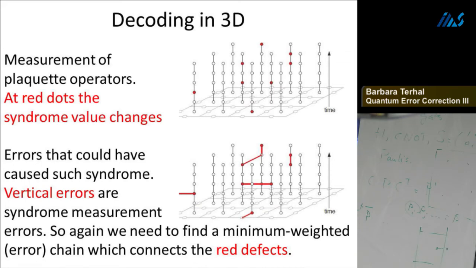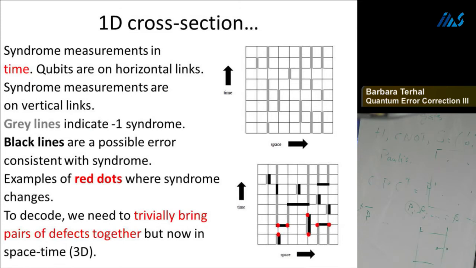So the idea is that if we now note where the syndrome changes values, these are now our defects, and we have to pair up these defects in this three-dimensional way by having vertical or horizontal, or partially vertical or horizontal chains of minimum weight. There's another picture showing the same, but now showing a one-dimensional projection of the space. So these are -1 syndromes, and the black lines are possible errors.